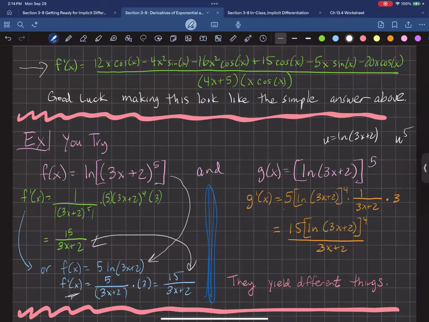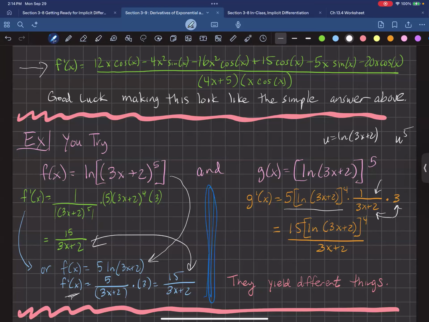So we have 5u to the 4th right there, but u is ln of 3x plus 2. Then we take the derivative of ln of 3x plus 2. That gives us 1 over 3x plus 2. And then we take the derivative of the inside of that. The derivative of that is that.